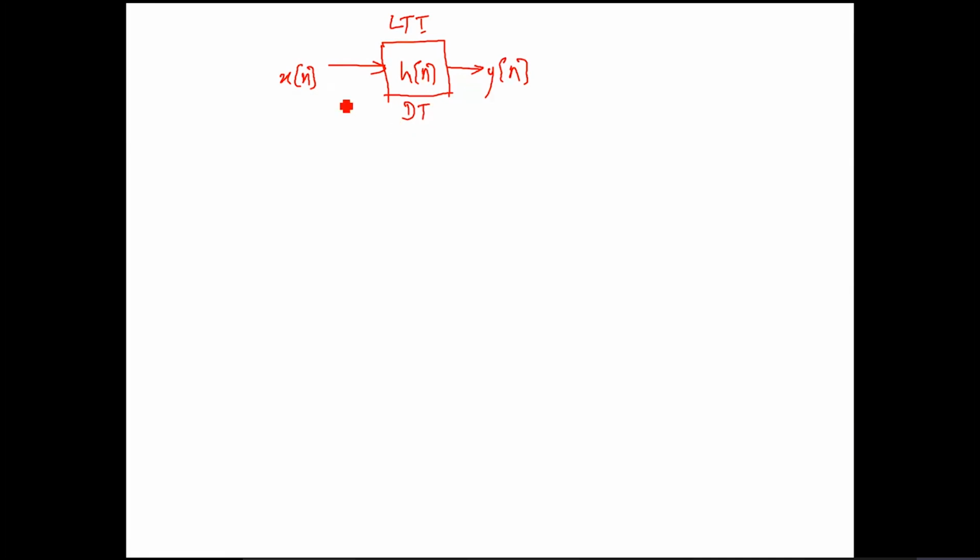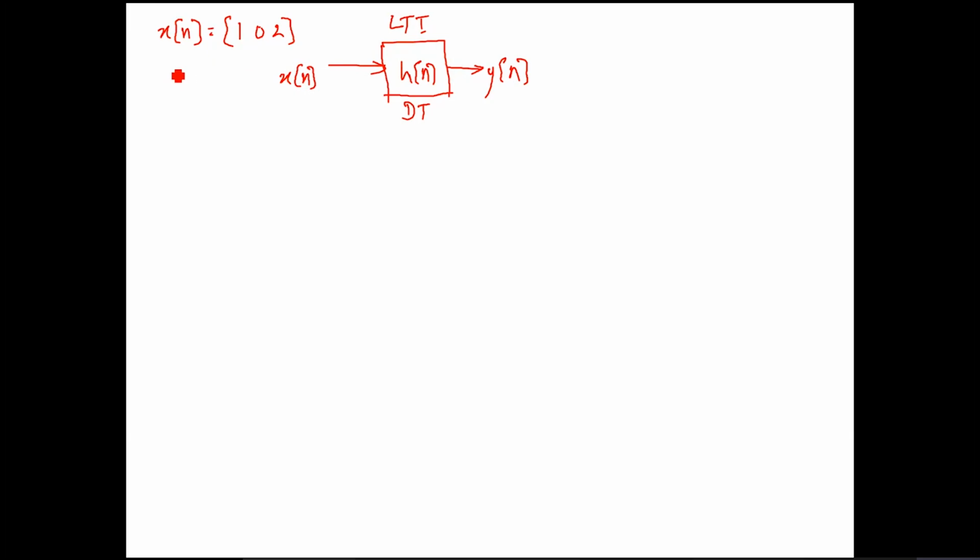So let's take a few examples and see how this theory can help us find the output for any given input if we are given x of n and h of n. Let's say you are given x of n, which is 1, 0, 2.